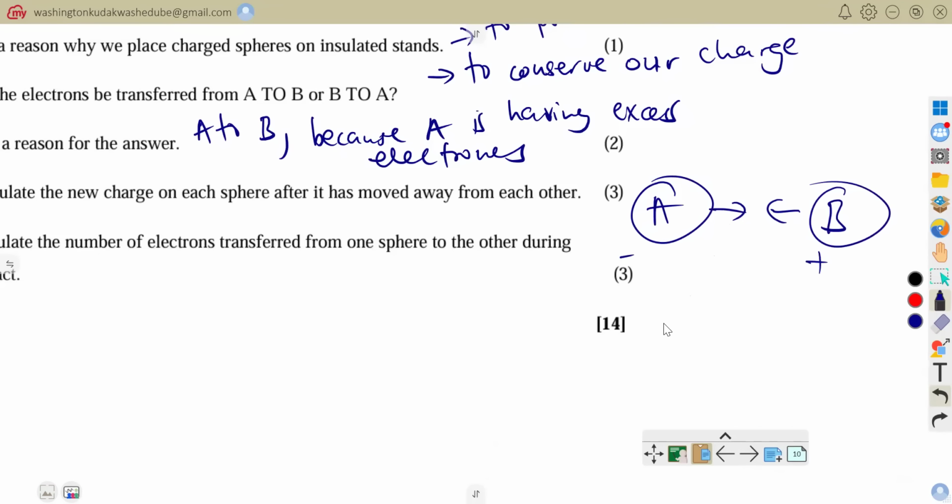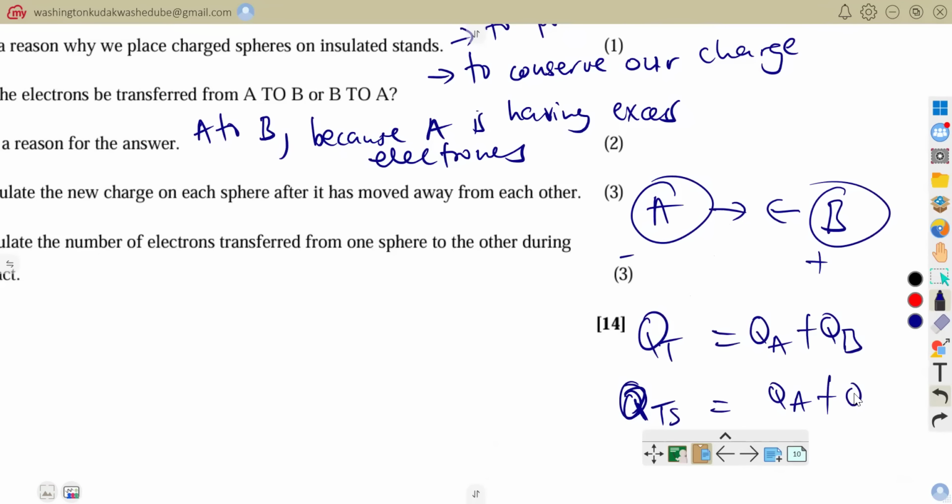When they come together, we have a total charge, which is charge of A plus charge of B. Then when they are separated, each will have an individual charge, which is charge of A plus charge of B, divided by 2. That is what they want here.